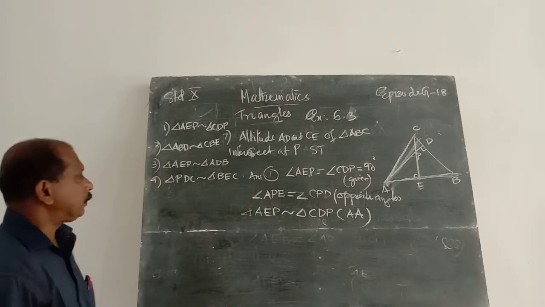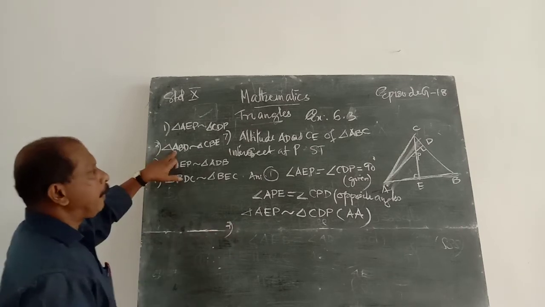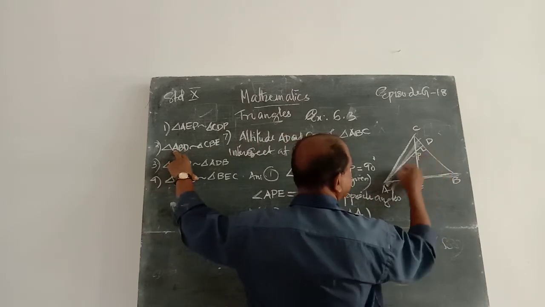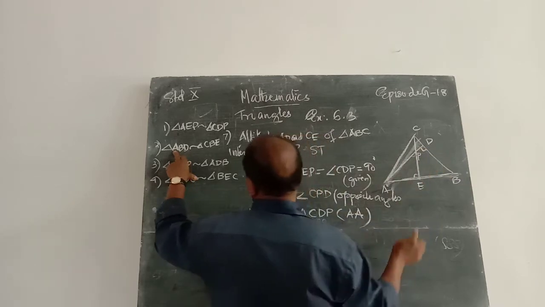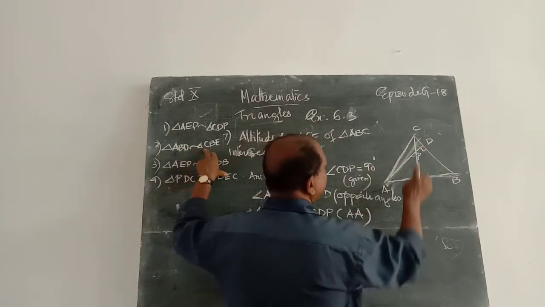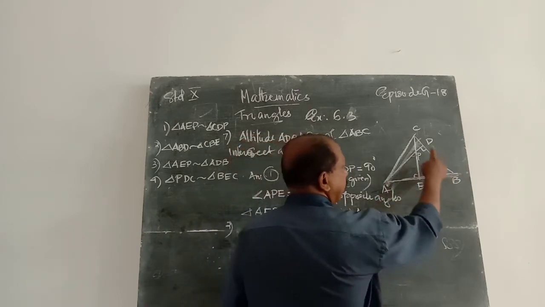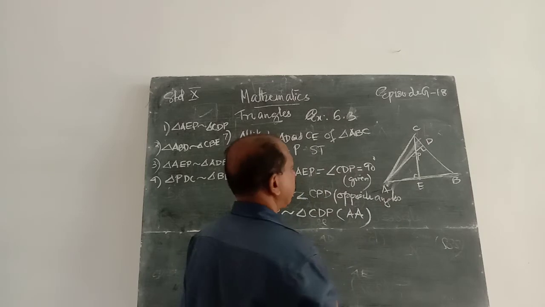Then, what is the second one? Second question, triangles ABD and CBE. ABD and CEB, or CBE.